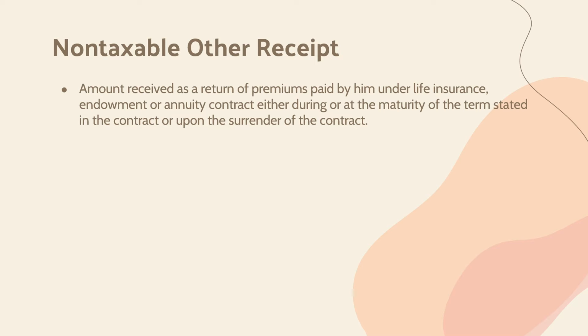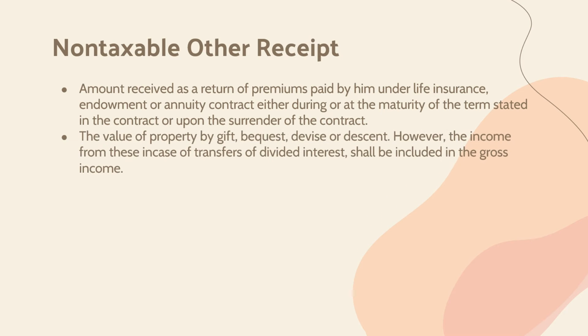Number 2, the value of property acquired by gift, bequest, devise, or descent. However, the income from this in case of transfers of divided interest shall be included in the gross income.